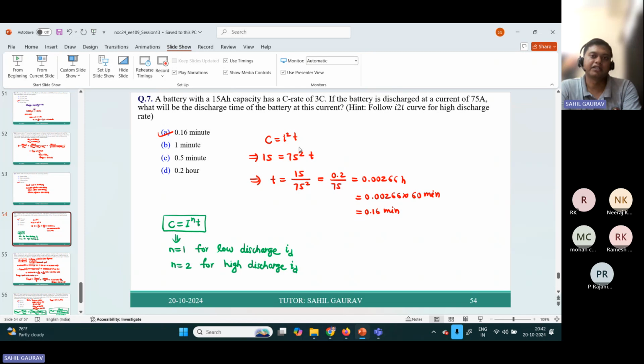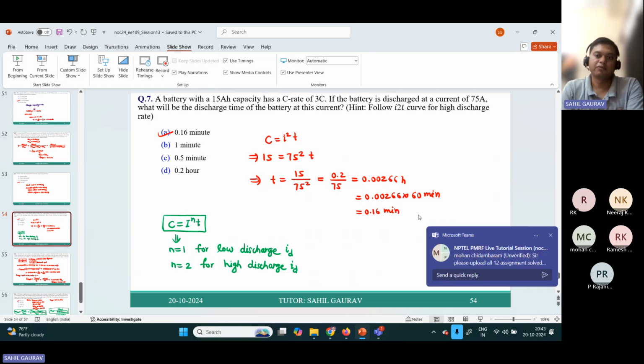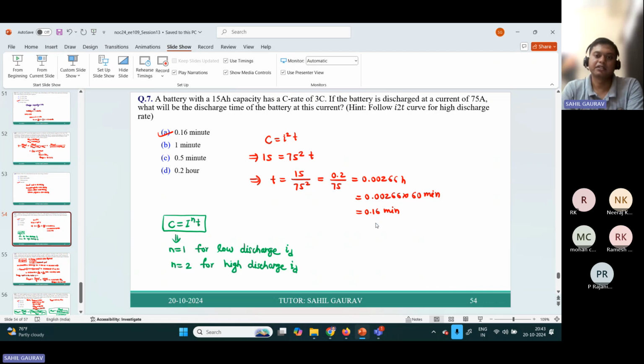So C is equal to I square T. Battery capacity is given as 15 ampere hour, 75 square, and you have to find the discharge time. So T will be 15 upon 75 square. This will give you the answer in hours, so you have to multiply with 60 minutes. So it will come as 0.16 minute. So 0.16 minute is the discharge time.